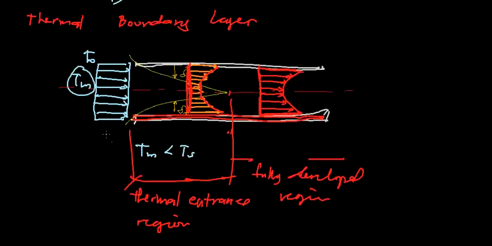So again, let us review. If we have a condition that the mean temperature of this fluid stream is lesser than the temperature of the surface, meaning our pipe or tube is hotter compared to our fluid, then as this fluid enters the tube at a uniform temperature, a thermal boundary layer begins to develop from the circumference, so this one.